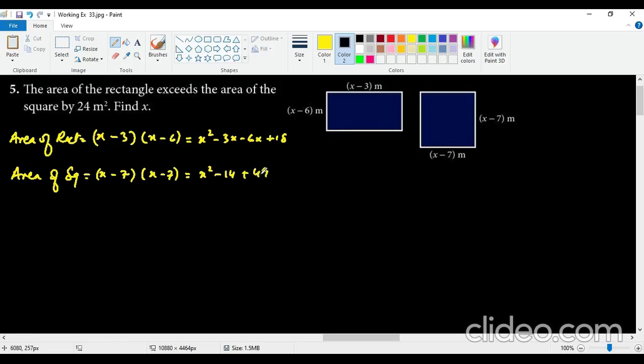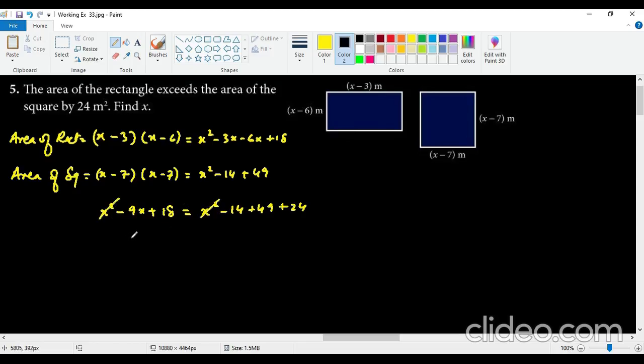So these are the two equations that we have. And now we are going to be putting them together. Minus 9x plus 15. Actually, it is 18. And x square minus 14x plus 49. This exceeds by 24. Now in here, we know very well these two x squares can be cancelled.